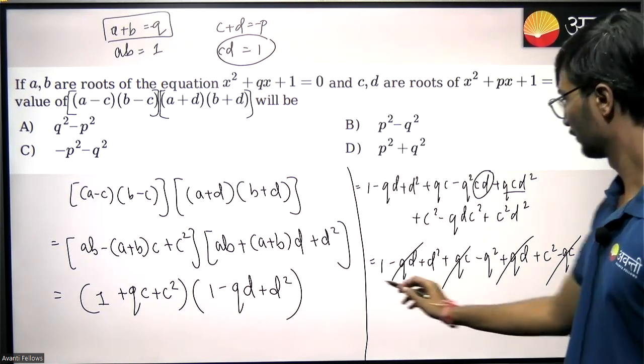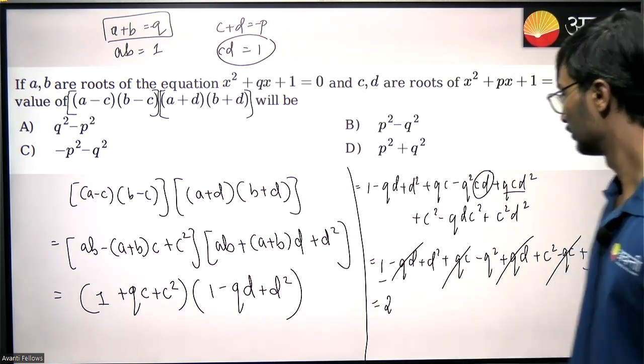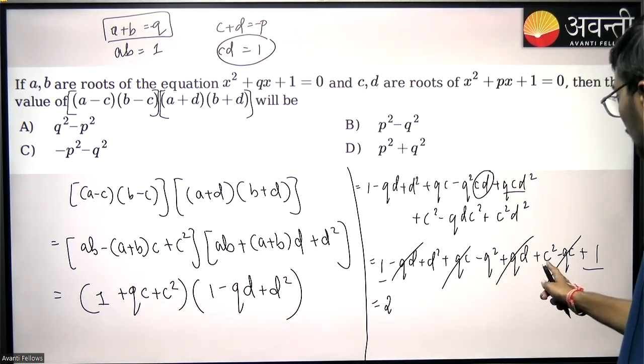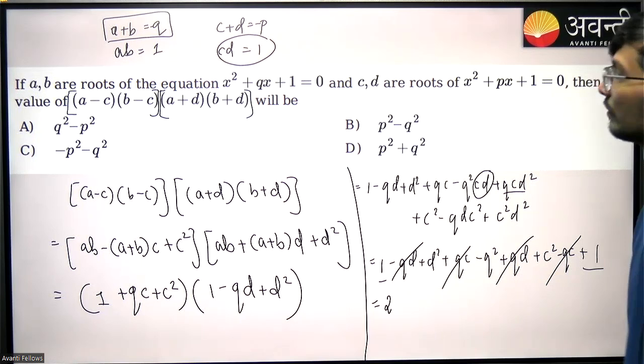1 plus 1 will be equal to 2. What are we left with? We are left with c square plus d square minus q square.